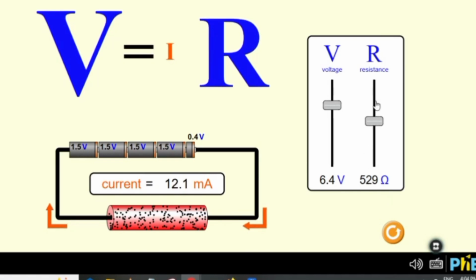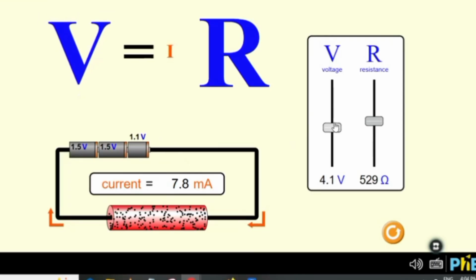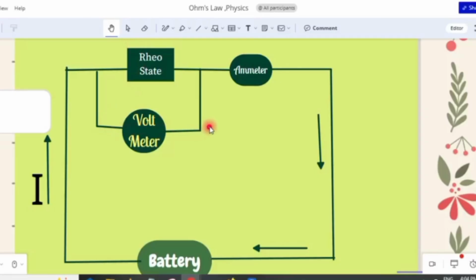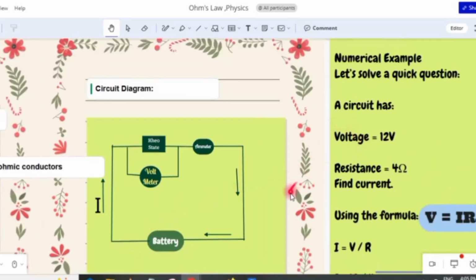We change resistance and keep it constant, and then vary voltage to measure the change in current. When we increase voltage, current is increasing. When we decrease voltage, current is decreasing, and when we decrease the resistance, current increases. The voltmeter is always connected in parallel because voltage is measured across the resistor.